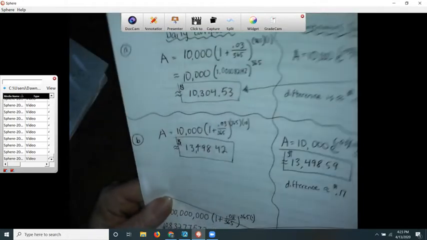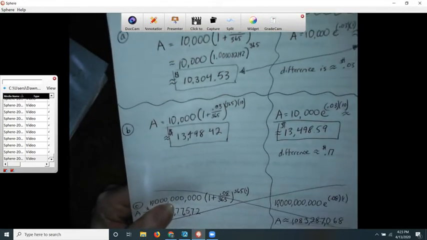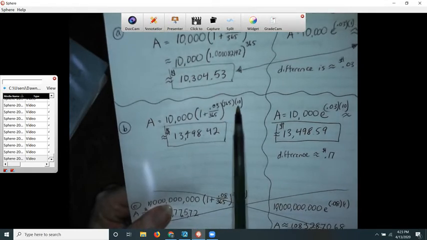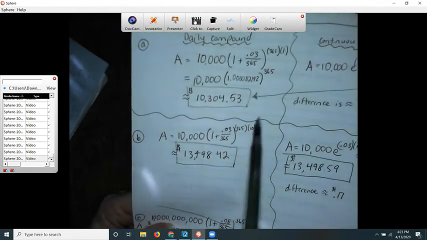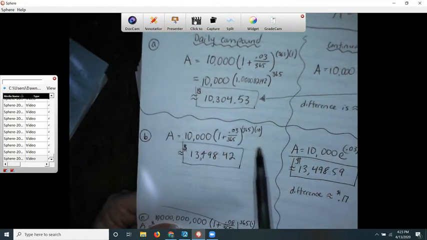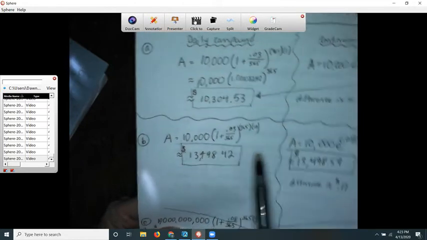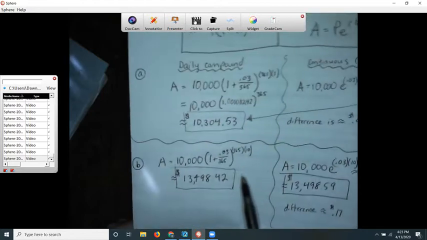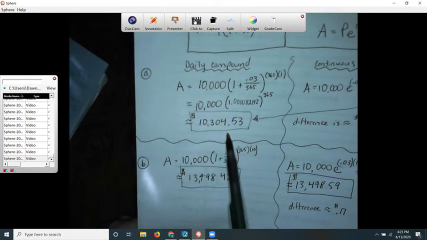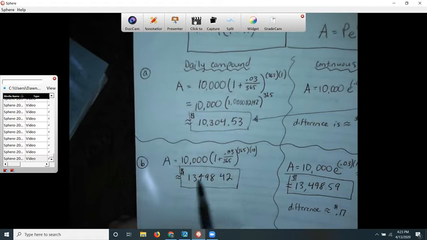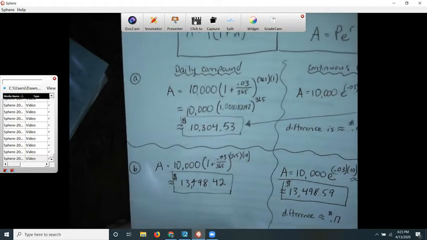So I just did one of the problems. This was for the 10 years. So see, the only difference here is I put in a 10 for t, for time. Okay, and then I ended up getting more money because I invested it for longer.